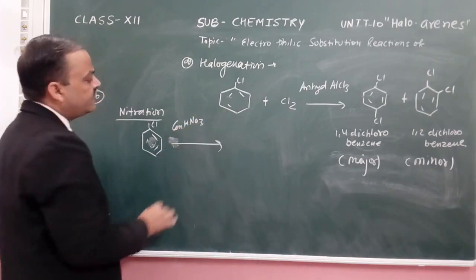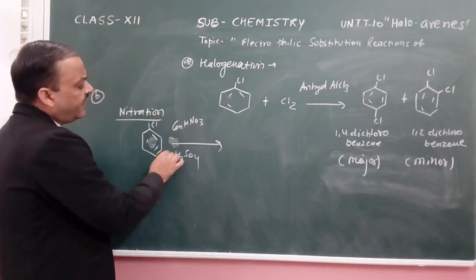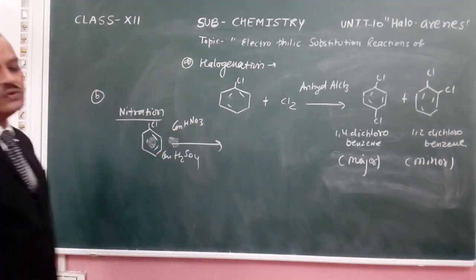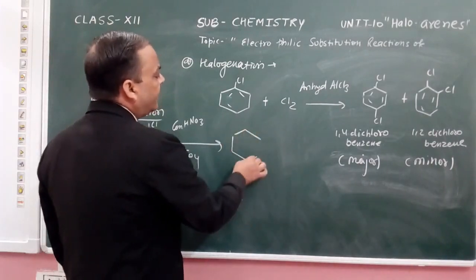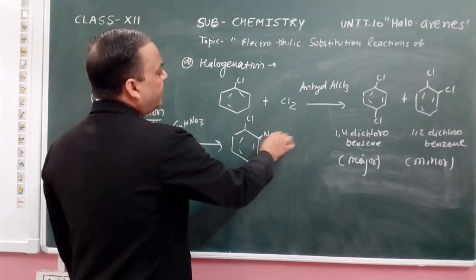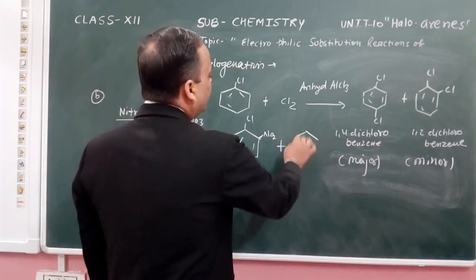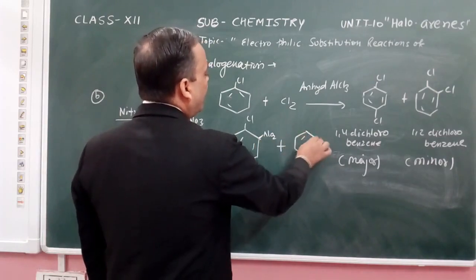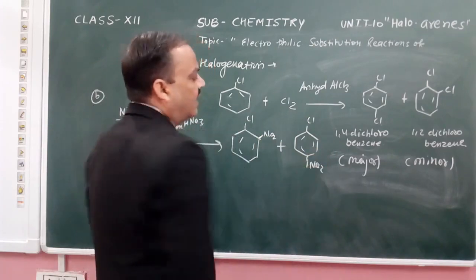Nitrating mixture is the mixture of concentrated HNO3 and concentrated H2SO4. When the reaction happens in the presence of these acids, the addition of the NO2 group takes place on the ortho position and also on the para position of the molecule.